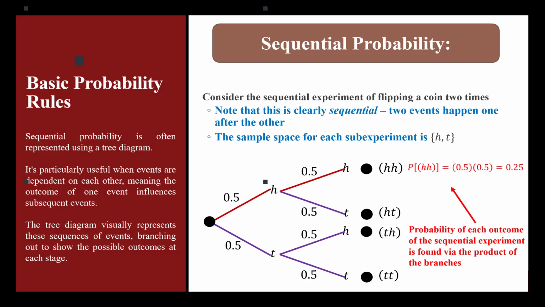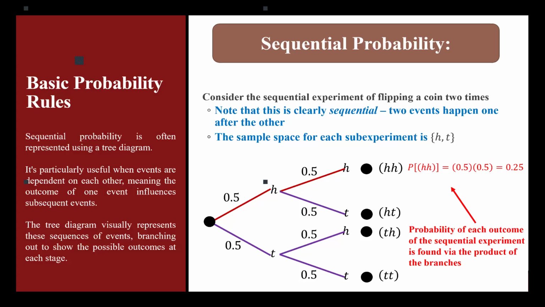Now, in sequential probability, the probabilities are going to be multiplied with each other. I think it makes sense because, for example, in the first flip you have half a chance, or 0.5 probability, to get a head. For the second one, let's say you got the head, you again have half a chance to get another head or a tail.